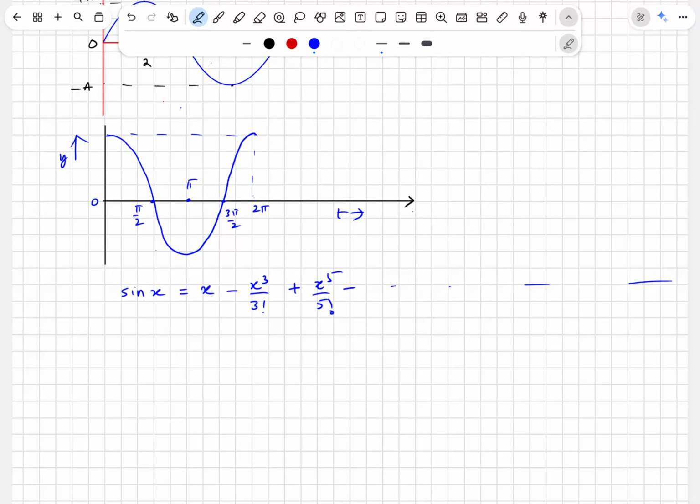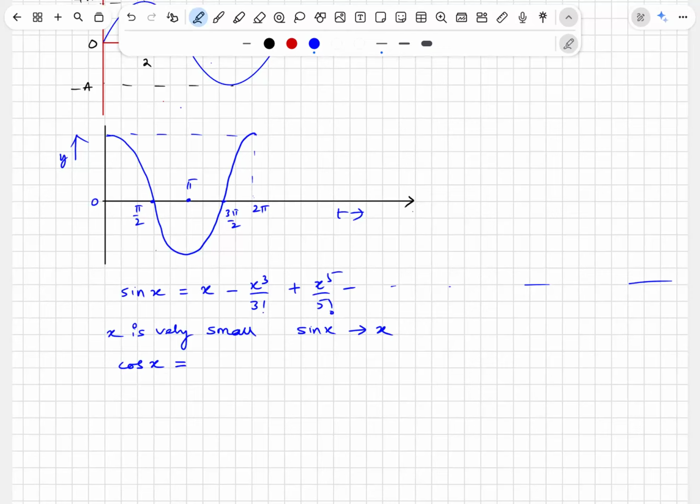That is the reason why when the angle is small, sin x tends to x. Similarly, you want cos expansion.